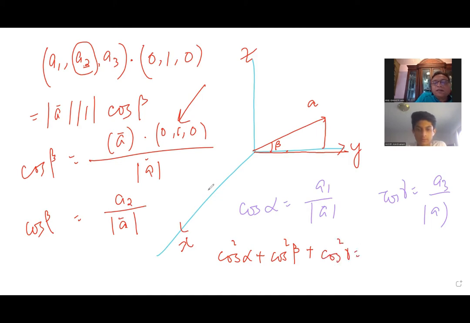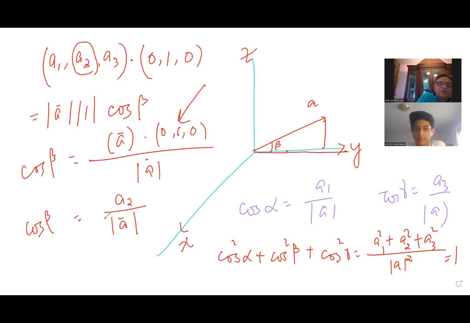So when you do that, a1 squared plus a2 squared plus a3 squared over magnitude squared, right? Correct. So magnitude of a is the square root of a1 squared plus a2 squared plus a3 squared, which is equal to 1.